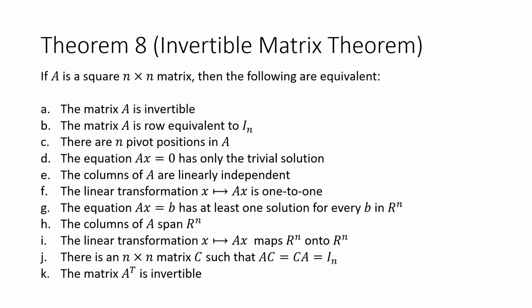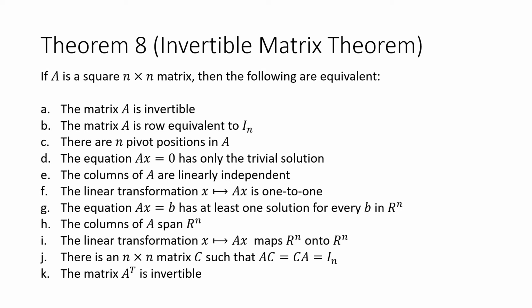Fifth one, the columns of A are linearly independent. We spent a bit of time on linear independence, kind of saw what that means, how it works, but this theorem is saying that if the columns are linearly independent, it's the same as these other ideas. Point F, the linear transformation x to Ax is one-to-one.